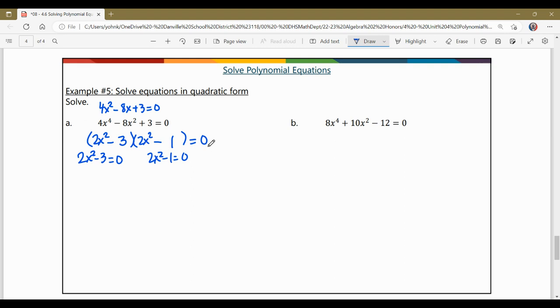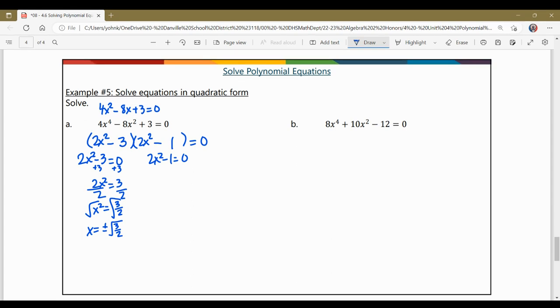Now I have two equations that I need to solve. So I'm going to add 3 to this side. That gives me 2x squared equals 3. Divide both sides by 2. X squared equals 3 halves. Square root both sides. X equals plus or minus square root 3 halves. Well, kids, I can't find the decimal. That's not allowed.